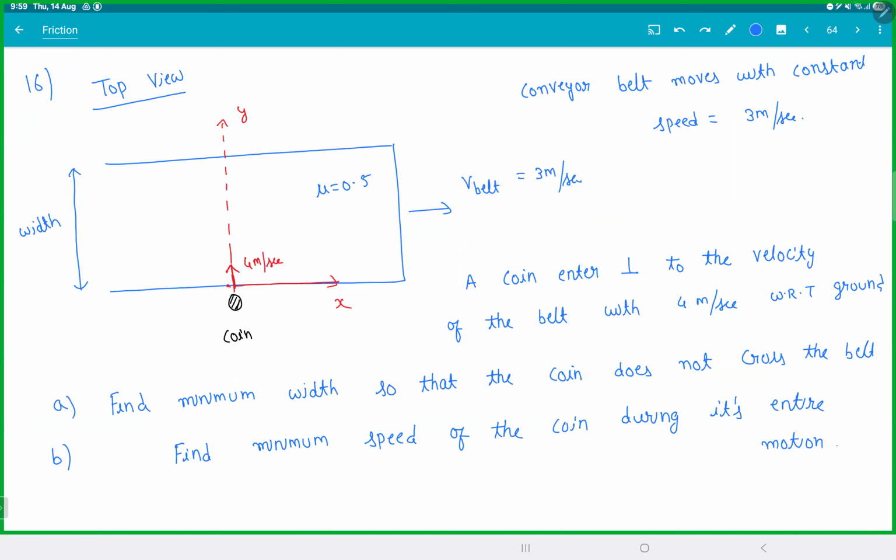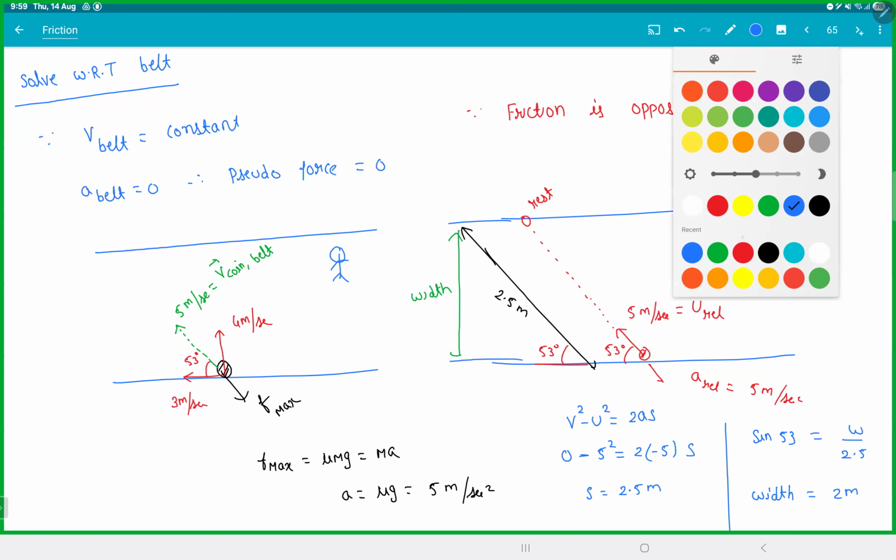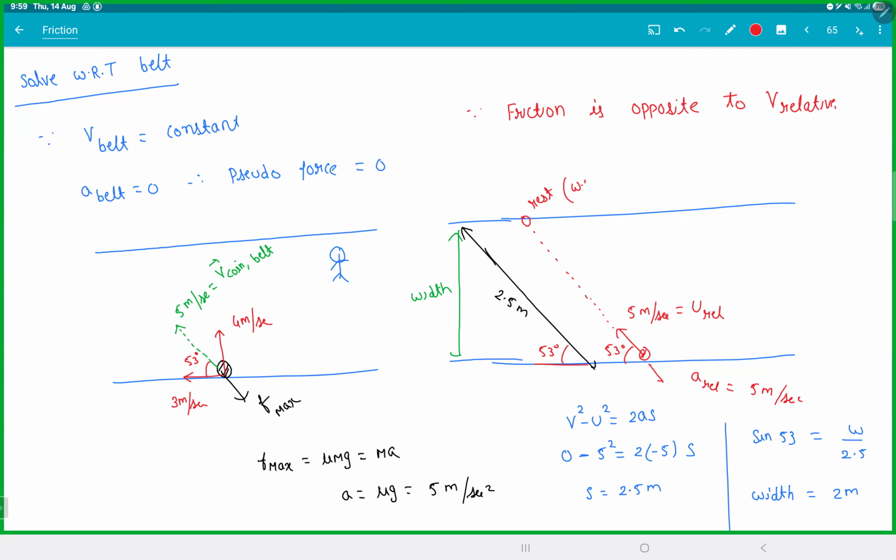Second part of the question. In this scenario, what is the minimum speed of the coin? Now, if you look at the scenario here, initially speed is 5. When the coin comes to rest, again, remember, this comes to rest with respect to the belt. The coin really didn't come to rest. It is going with the belt's speed, which is 3 meters per second. That means the coin starts with a speed of 5 meters per second, and eventually, this is how the motion will look.